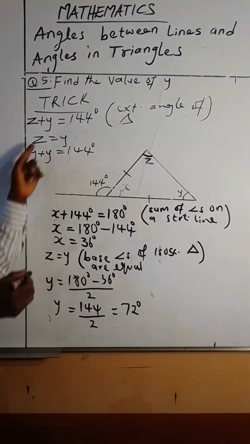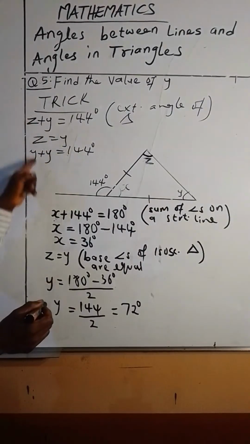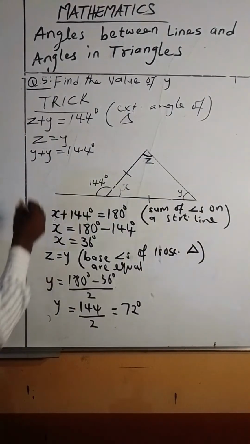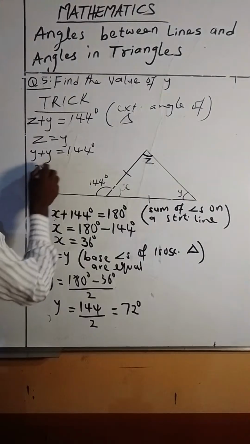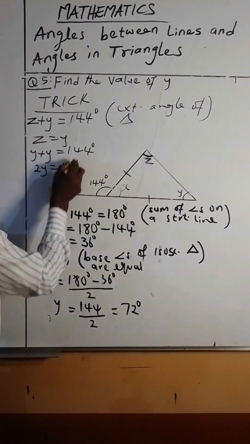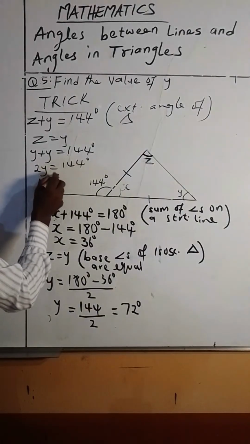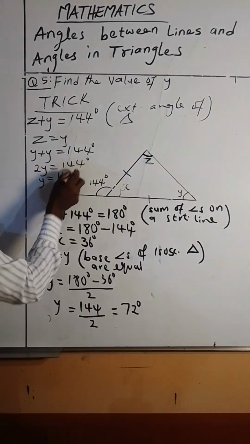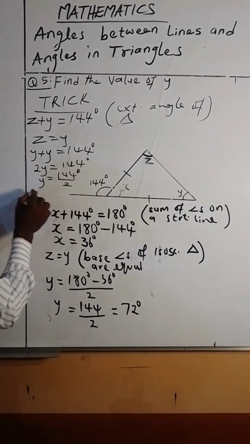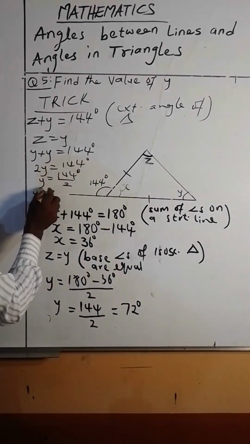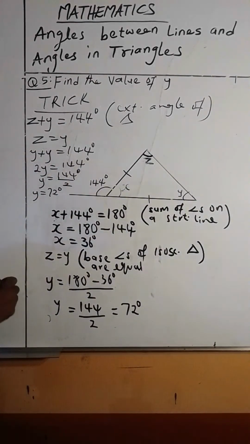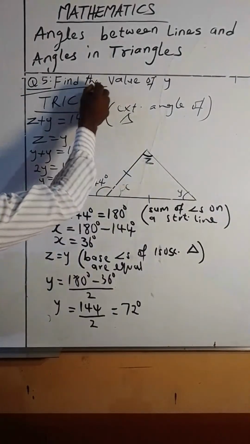Since z is equal to y, take away the z and put y in place of z. That gives us 2y is equal to 144 degrees. So what is y? y is equal to 144 degrees divided by 2. That gives y to be 72 degrees.